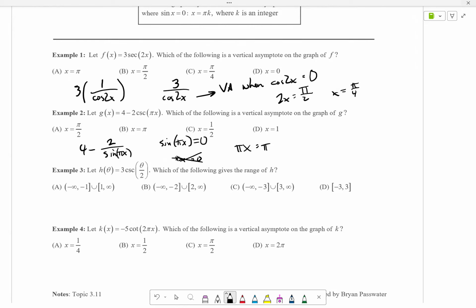Yes. Well, what is sine of pi? 0. Sine of pi is 0. So I want to make this equal to pi, that argument, so I can solve for x.